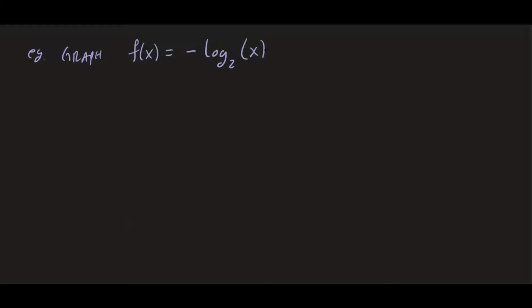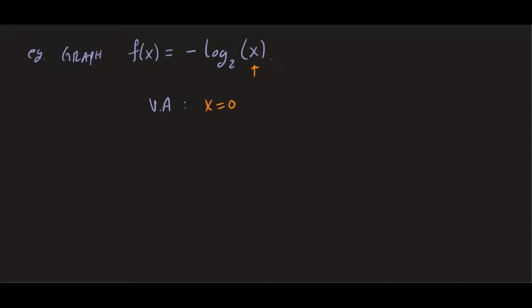We're going to use transformation of functions to come up with the graph. First, identify its vertical asymptote. Take what's inside the logarithm, in this case x, and set x equal to 0. That will be a vertical asymptote. Then from the sketch, we'll figure out the domain and range.